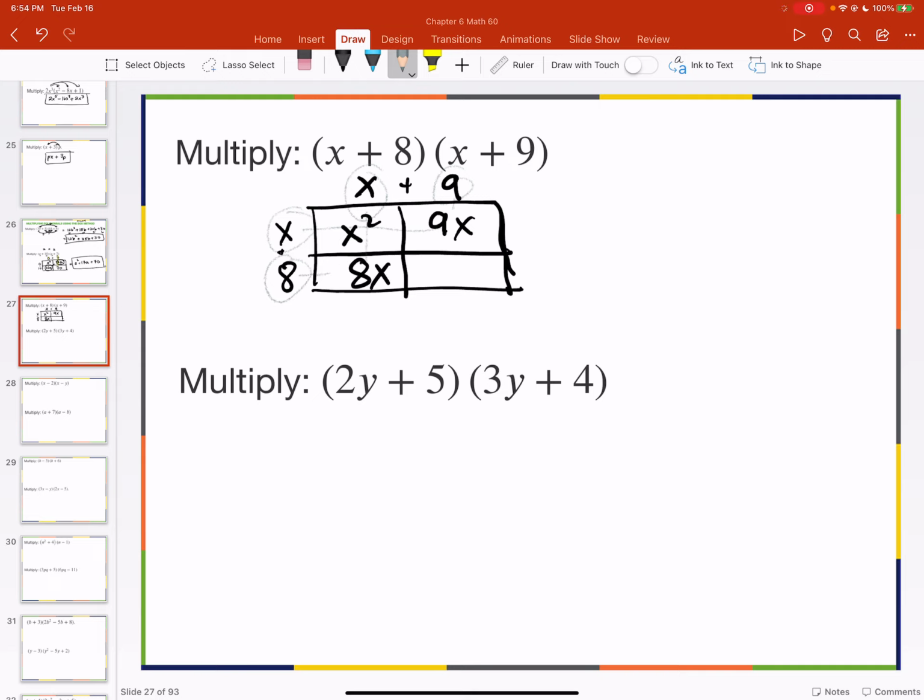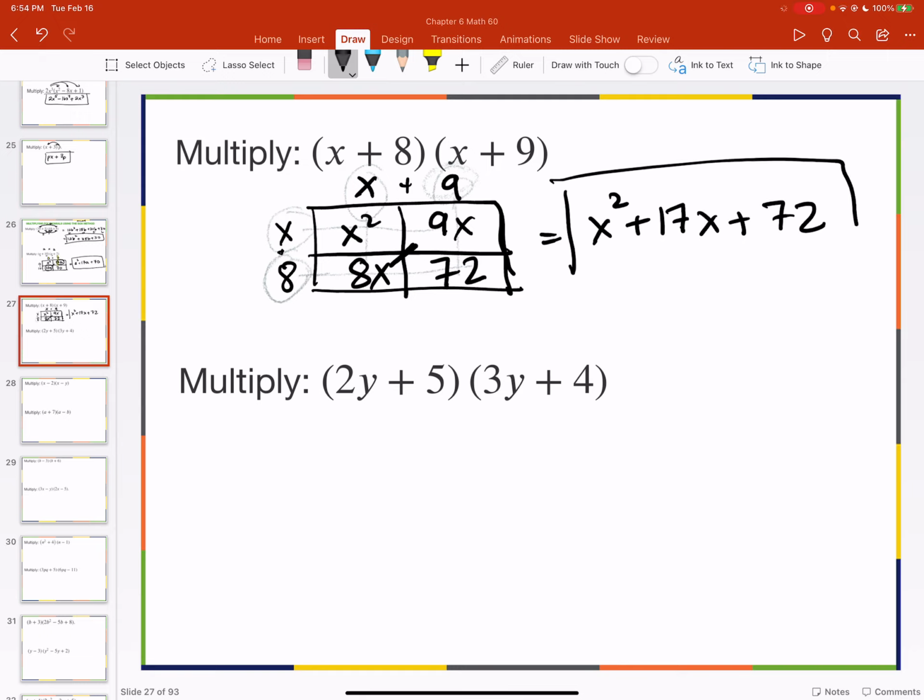Then finally 9 times 8 meets here, and that's 72. So then combining like terms, we get x squared plus 17x plus 72, and that's it. So it's nice, instead of writing it all out, it's just a different way of doing it.